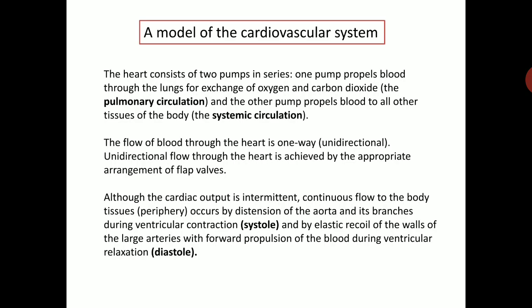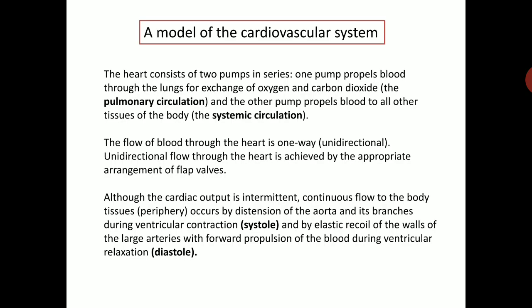Although the cardiac output is intermittent, as we know that during systole the heart pumps and during diastole filling occurs, so the flow from the heart is intermittent, but we see that the systemic circulation gets continuous flow, which is achieved by distension of the aorta and its branches during systole and elastic recoil of the walls of large arteries and forward propulsion of blood during ventricular relaxation, meaning diastole.